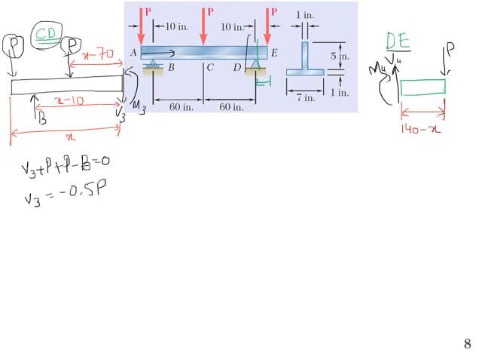Now, considering moment, if I want to write M3, it will be plus P into x minus 70, that is at C, this one. So let me write M3 again with a different color.